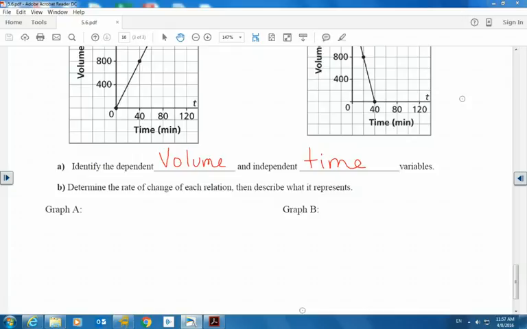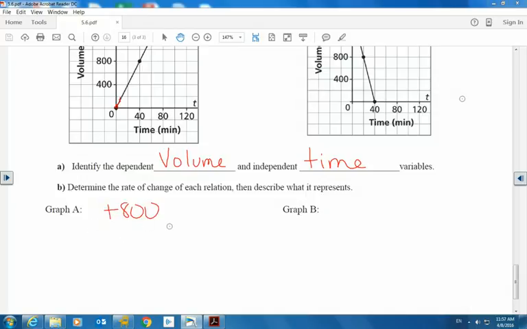Now, how do we determine the rate of change? So what is the change of volume when we're going from here to here. So from here to here, what's the change in volume? So it's positive 800, right? All right.